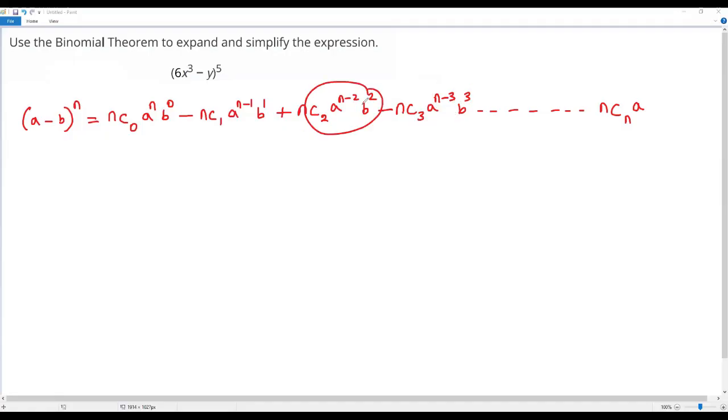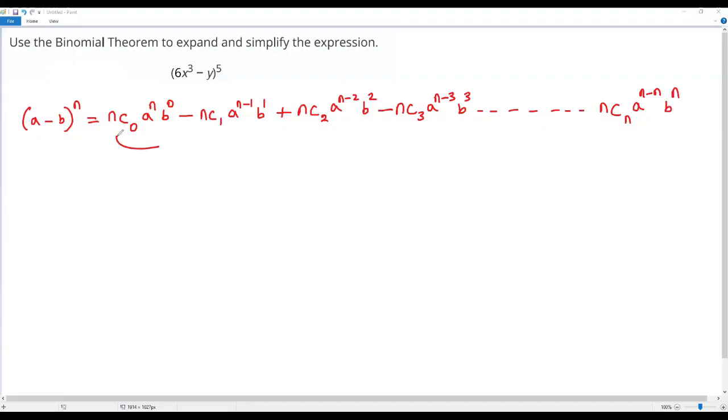Even in this term, the same pattern holds. Here the value of r in the combination is 2, the same 2 is subtracted from n, and the same 2 is the exponent of b. So where r in the combination is n, this n is subtracted from n in the exponent of a, and the same n is the exponent of b, so we get b to the nth power.